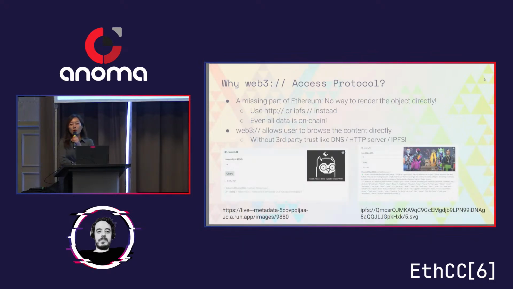CyberBrokers spent about $2 million to store their data on Ethereum, but they still use a third party like IPFS to render the image, because there's no other way to render an image directly from the network. What we are trying to do is to allow users to browse content directly without any third party like DNS, HTTP server, or IPFS.